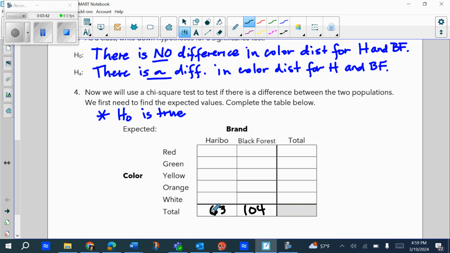What we need to say is, okay, maybe not the same number, but they're going to have the same proportion. So what we need to do first is figure out what these proportions are. To do that, the very first thing we need to do is fill in the marginal distribution from the observed data.